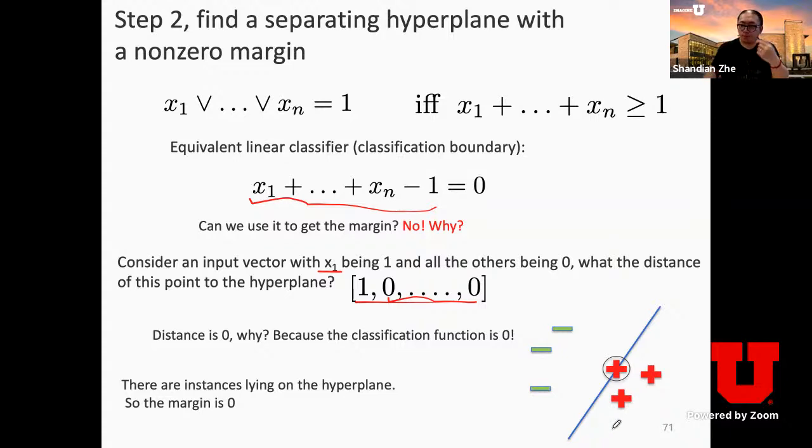So if a point lies on this line, of course the minimum distance is 0, meaning your gamma becomes 0. Then when we construct the mistake bound, remember we divide the radius R by gamma and take the square. Gamma is 0, so you get a bound which is infinity. We know the number of mistakes is less than or equal to infinity, and it's not meaningful at all.